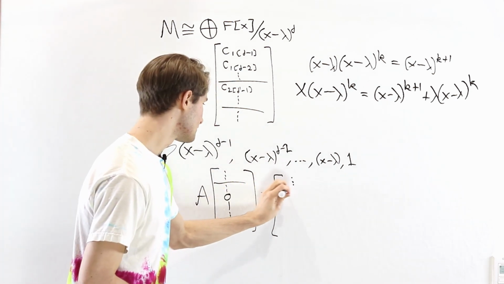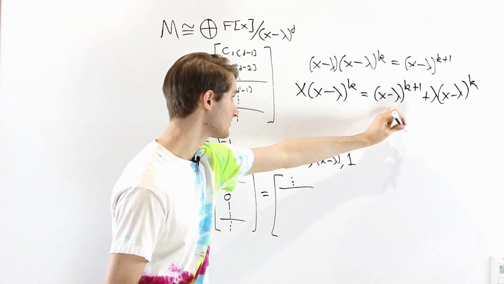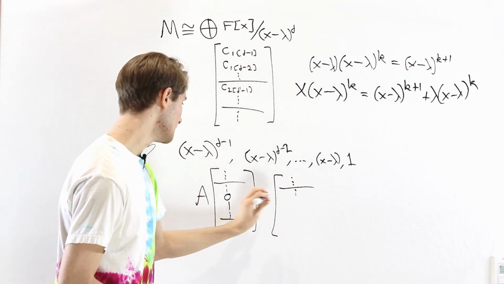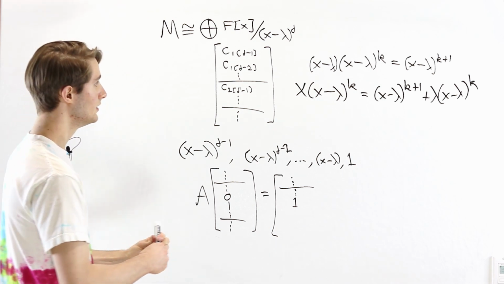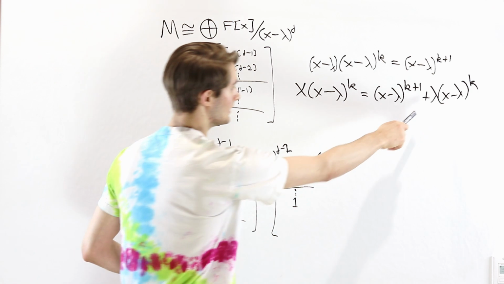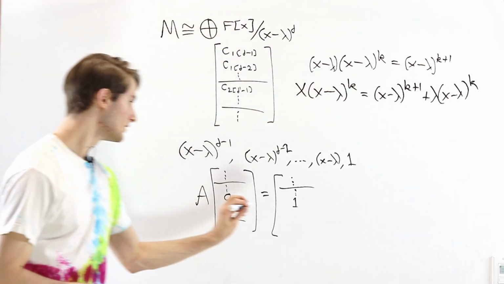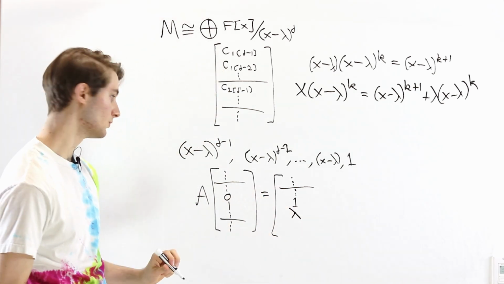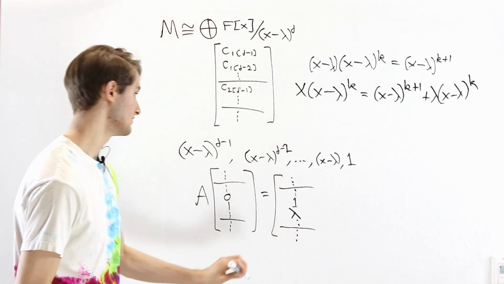So first of all, when we multiply (x - λ)^k by x, we get (x - λ)^(k+1), so that's going to be the next component up. This 0 is going to turn into a 1. And then we also get λ times (x - λ)^k, so that's going to give us a λ in the place where the 1 was originally. And then dot dot dot, everything else is just zeros.